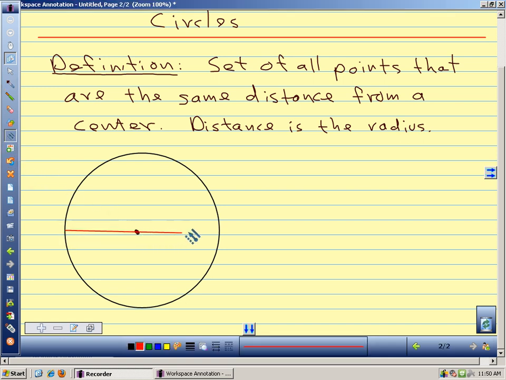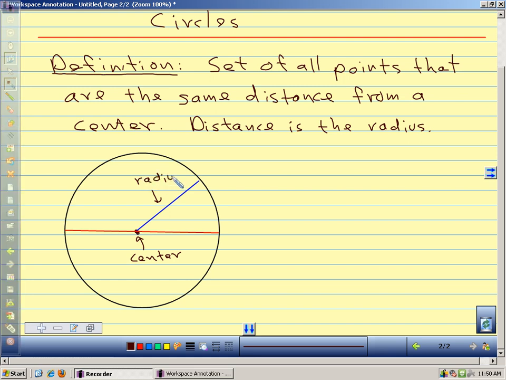And we'll put a couple of parts in here. So the point here is the center. The blue segment is the radius, and the red segment is the diameter.